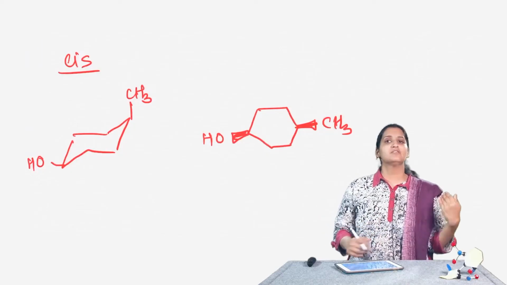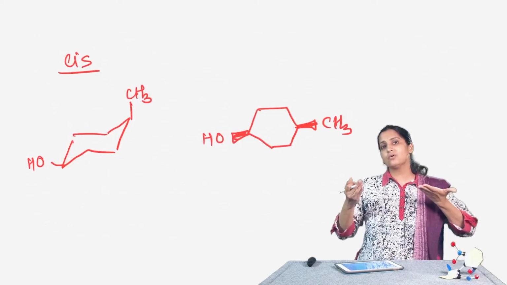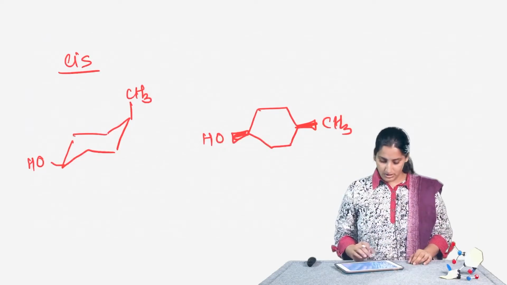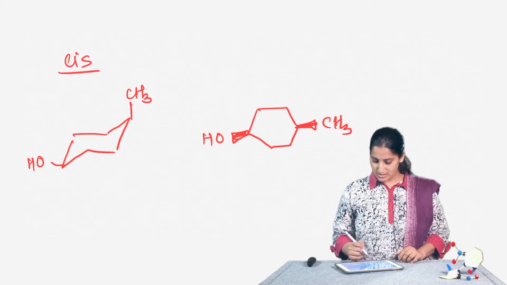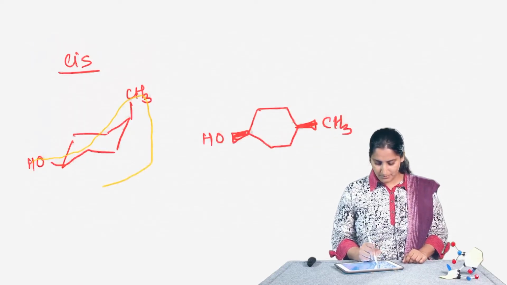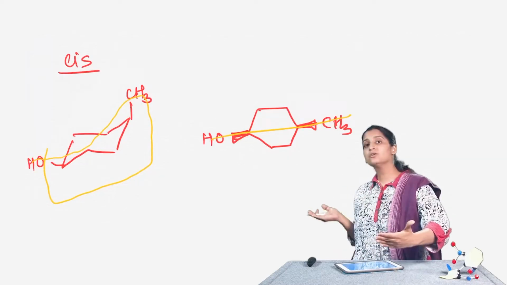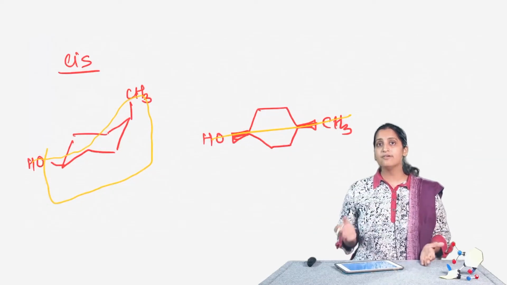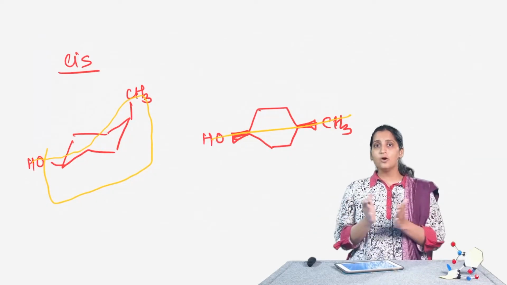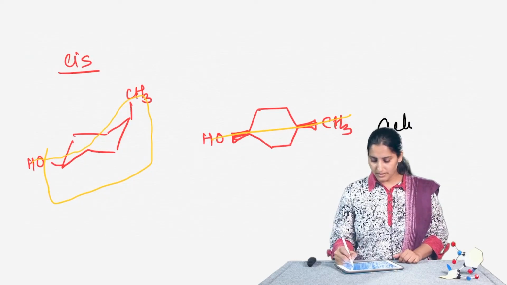So, this is a good revision of what we learnt in the last topic, right. So, cis meaning both of them are either going up or going down, right. So, in this case, this is a cis molecule, and as you can see, there still exists a plane of symmetry such that you can divide the molecule into two halves such that they overlap with each other. So, then this molecule also becomes achiral.